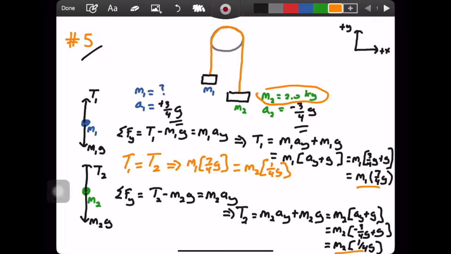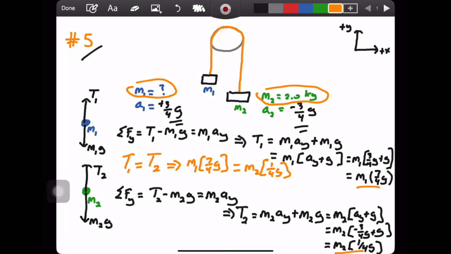It's 2 kilograms. So now we want to solve for the first mass. We have M1 times 7/4 G equal to M2 times 1/4 G. We know what G is. We know what M2 is. So we just need to isolate M1 and we're good to go.